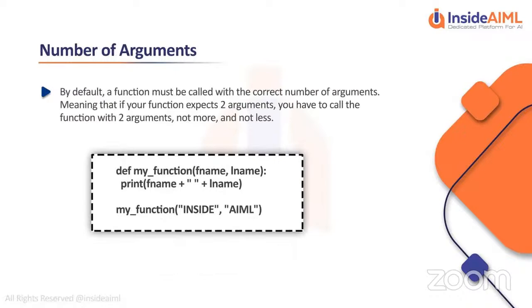The number of arguments we can pass depends upon us. As much as we keep increasing the arguments, that many arguments we have to pass while calling the function. For example, here we are asking for 2 user inputs or arguments, and we are passing 2 arguments here.